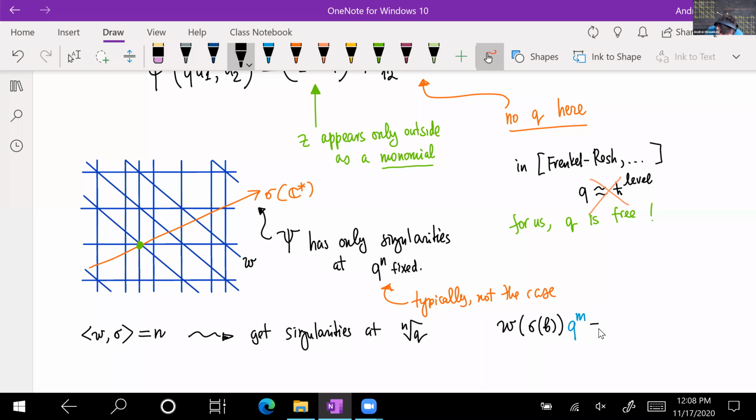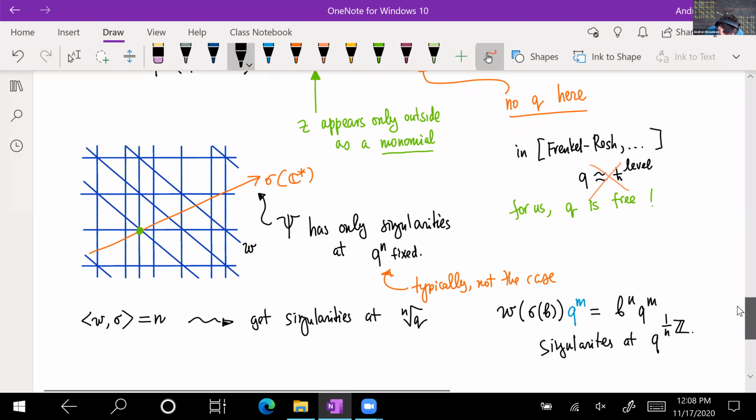Then this is B to the N, Q to the M, and so I get the shifts, so I get the singularities at Q to the power 1 over N times Z.